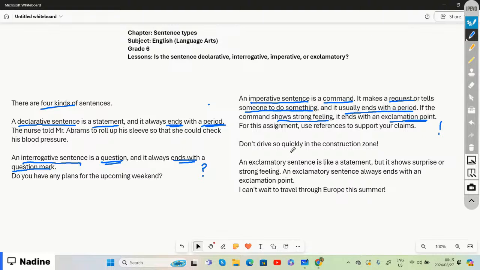An example of a command that ends with a period: for this assignment, use references to support your claims. You see, it's not anything forceful. It's just your teacher telling you to use references to support your claim, meaning that you're going to get marks for it.